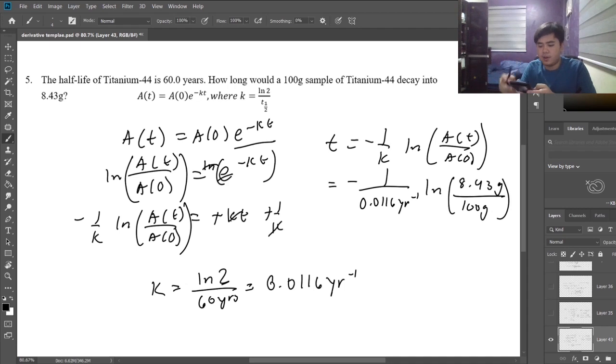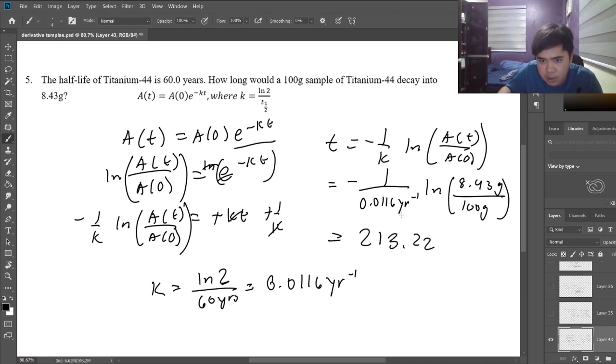And plugging that into the calculator as we do, multiply by ln of 8.43 divided by 100. The answer is going to be 213.22.